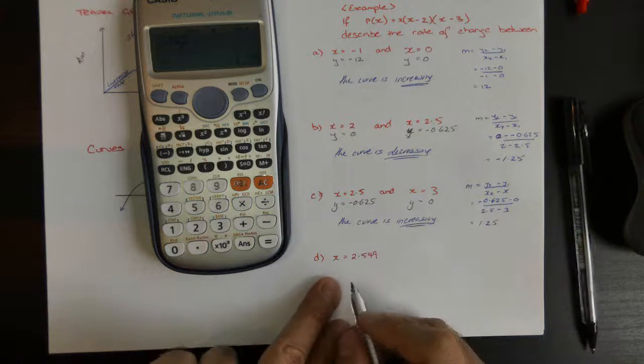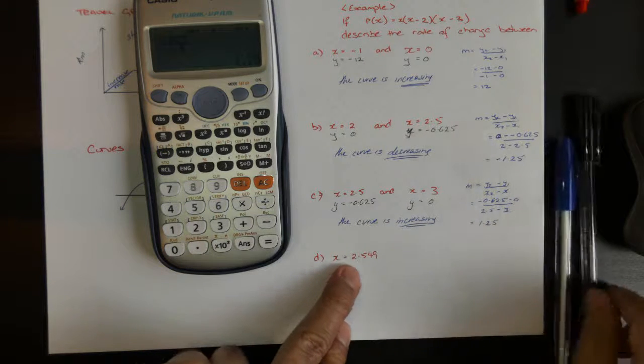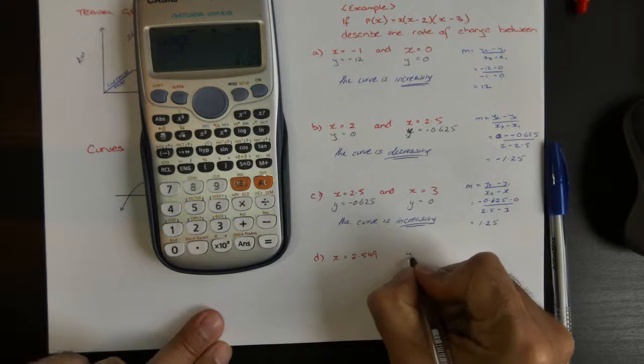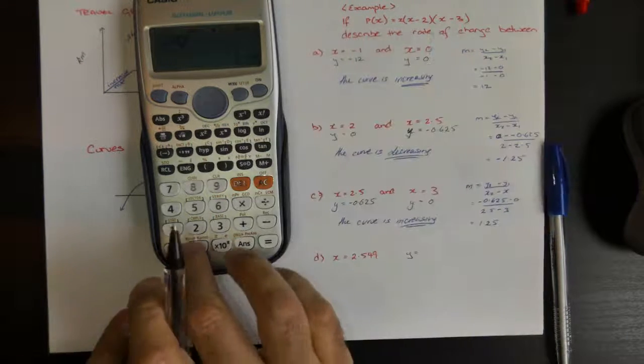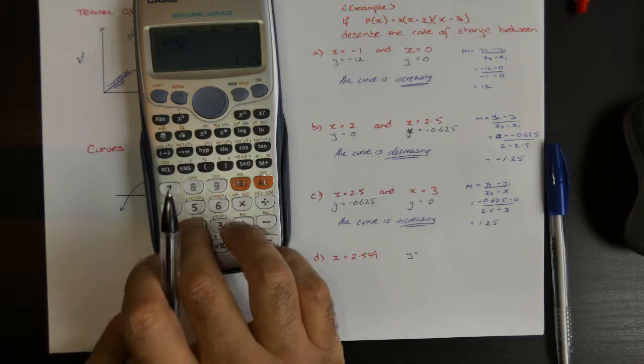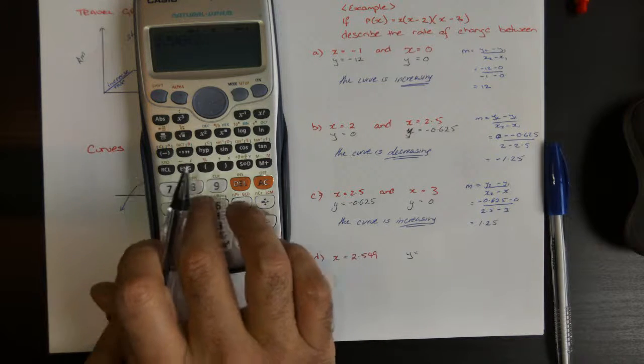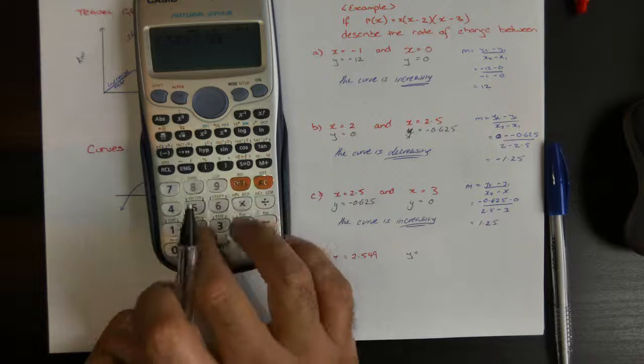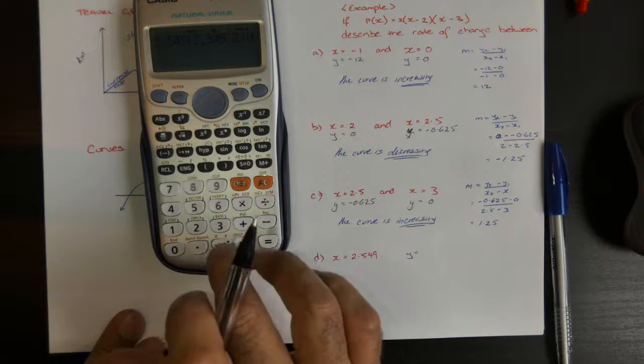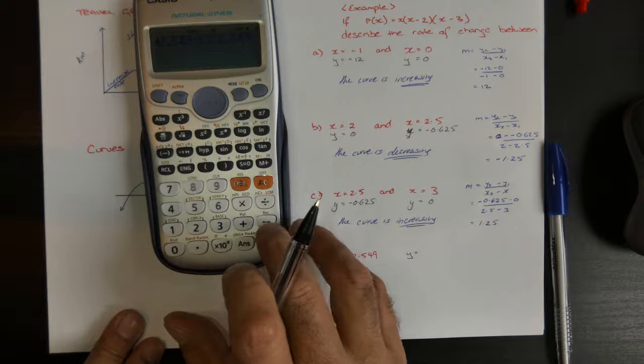Alright, what about when x equals 2.549? So I'm going to plug that into this formula. So 2.549 times (2.549 minus 2) times (2.549 minus 3).